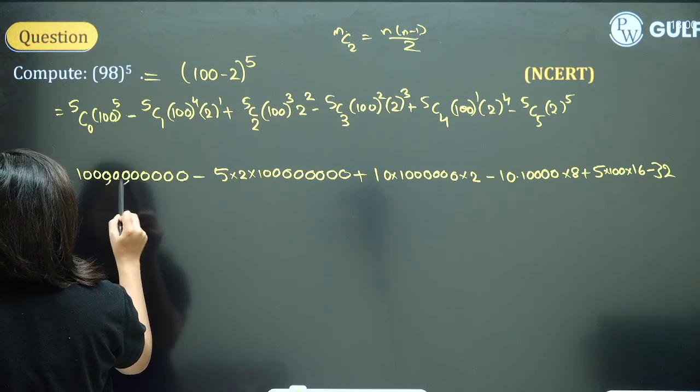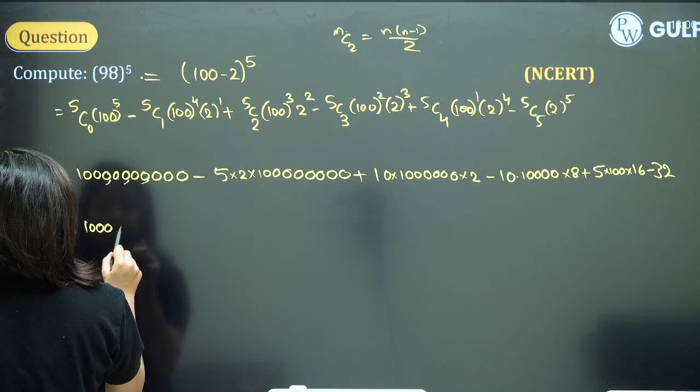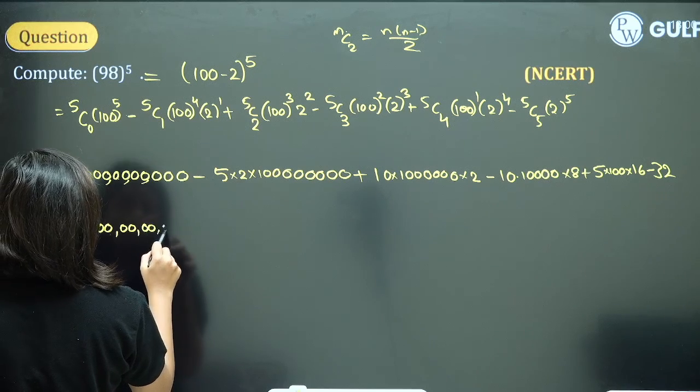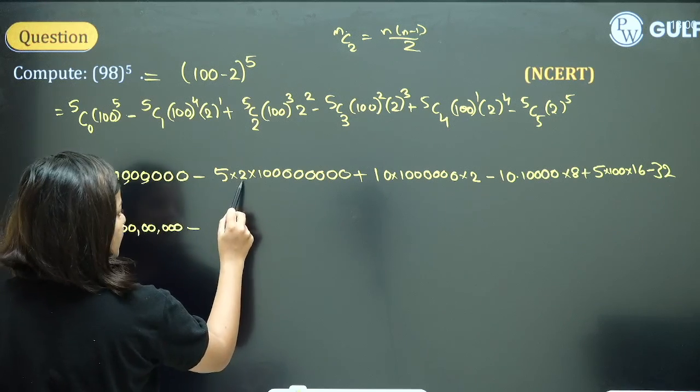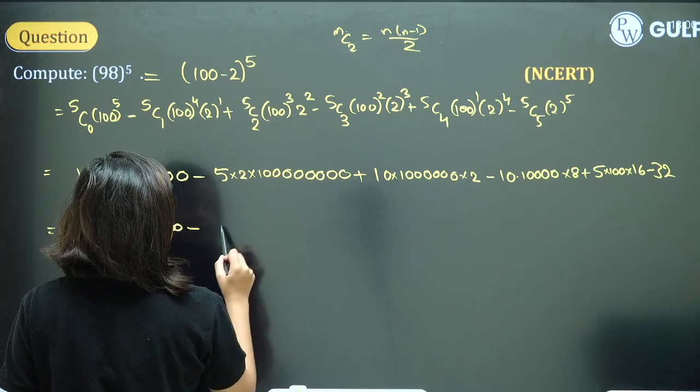It's like your 1000 crore. 1000 crore minus 5 twos are 10 into 100 raised to 4, 9 zeros.